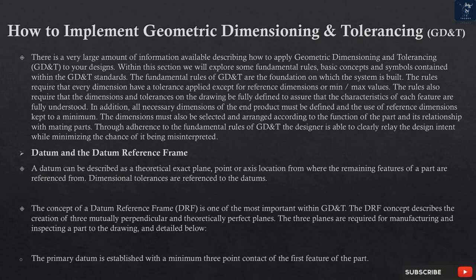The DRF concept describes the creation of three mutually perpendicular and theoretically perfect planes. The three planes are required for manufacturing and inspecting a part to the drawing, and detailed below. The primary datum is established with a minimum 3-point contact of the first feature of the part.